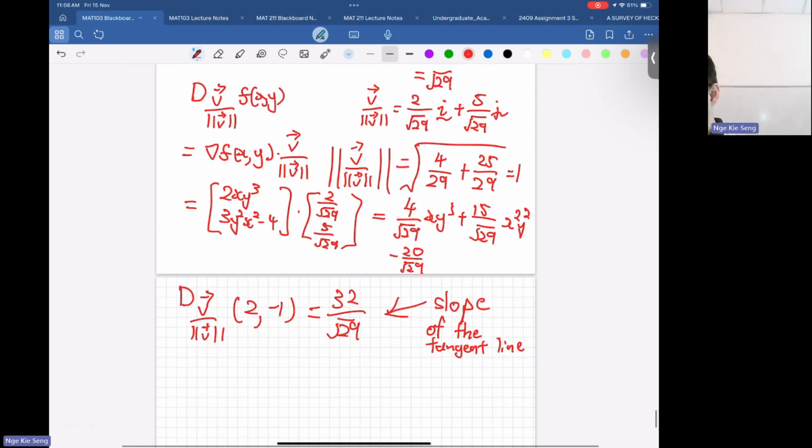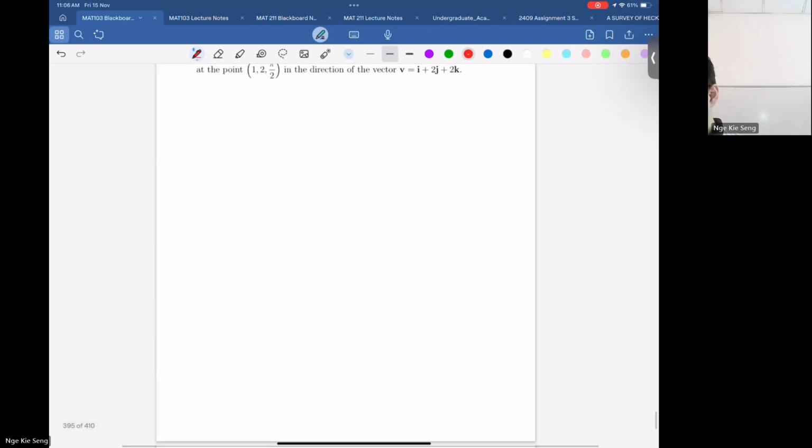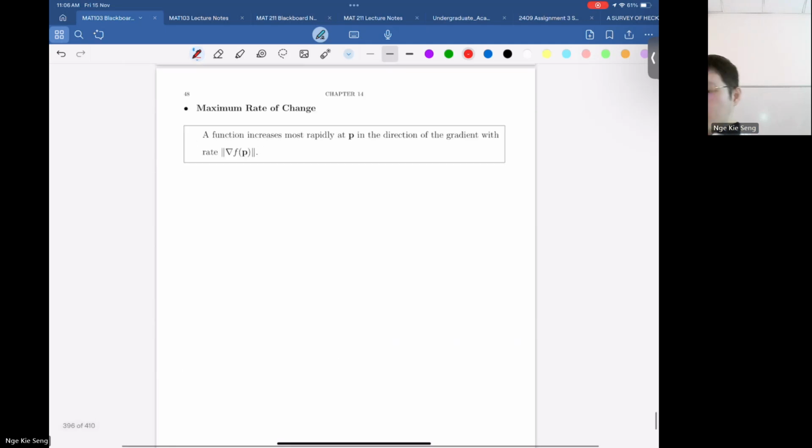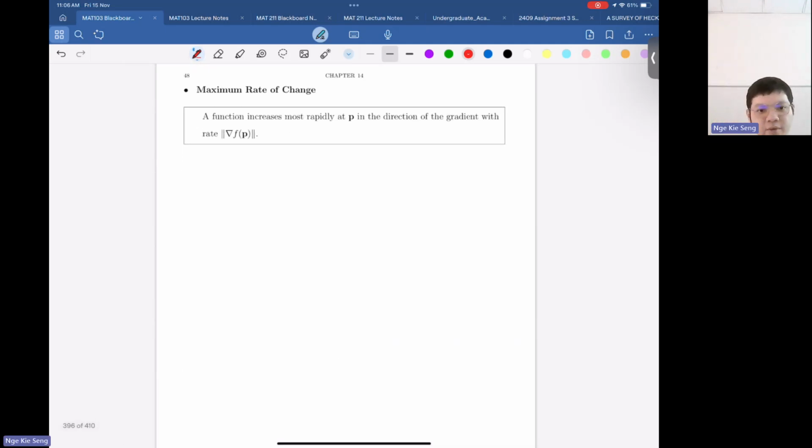Good. This is the relationship between them. Okay, after we finish this, we can take a break. So what is this gradient used for? Well, this is some definition, but we can see the rate of change using this gradient here.